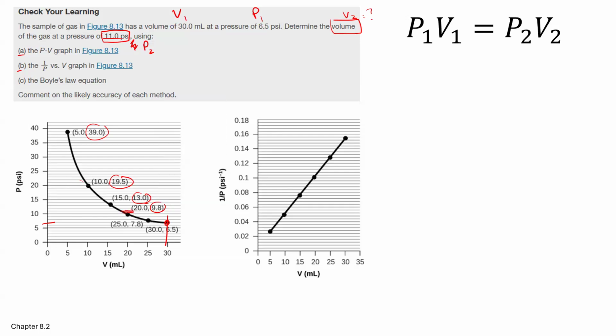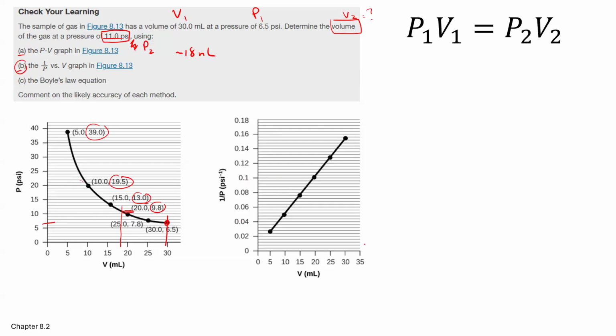It's hard to see here, but about right here. So it crosses the line about here. We might say it's maybe about 18 milliliters. All right, let's do another one.